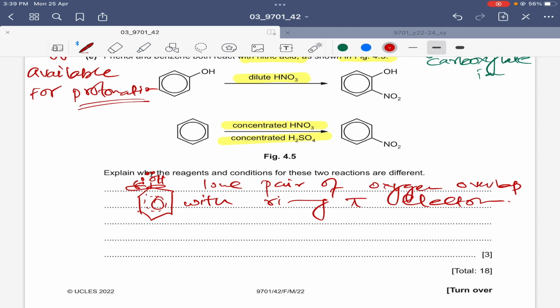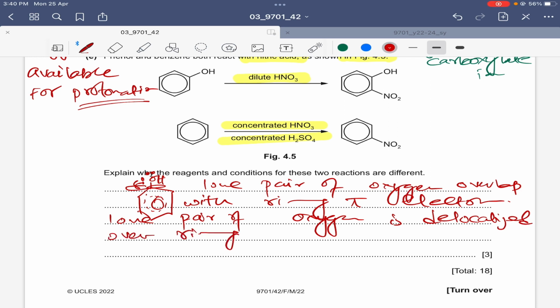Or we can say the lone pair of oxygen is delocalized over the ring, right? So electron density increases on the ring, and it becomes more reactive.